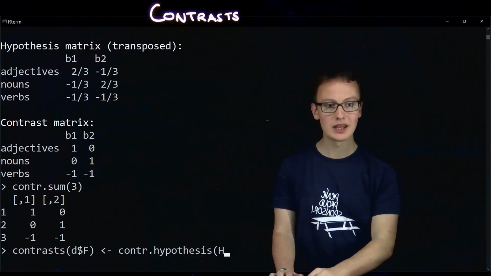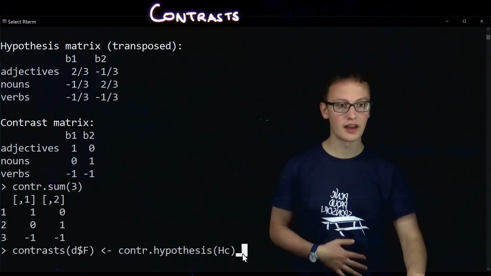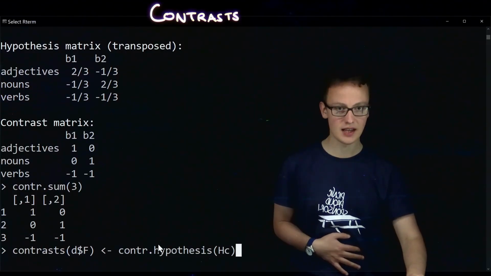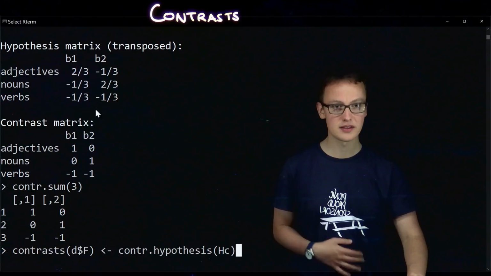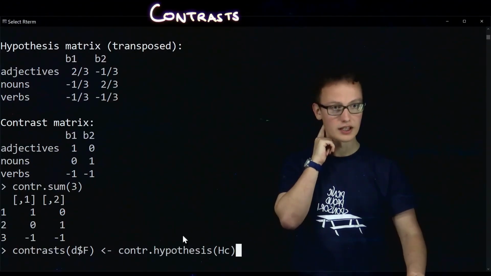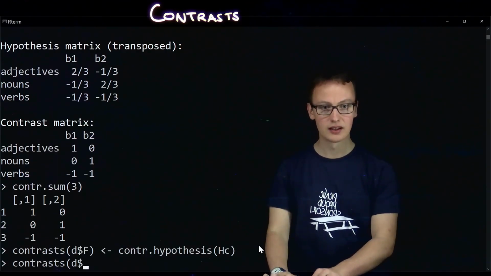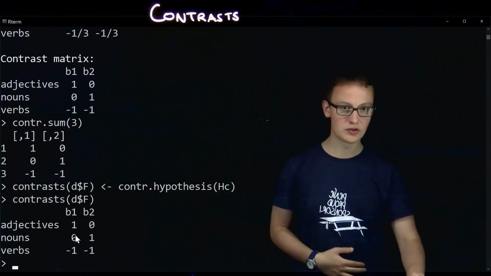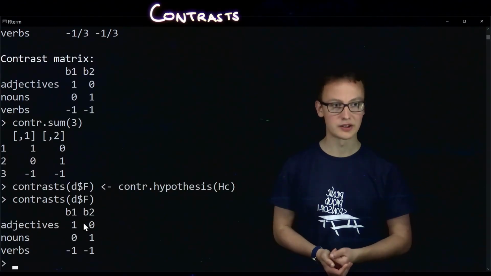And then here we can give it this object we've created with the hypr function, and this will be interpreted as: assign the contrast matrix that comes out of this automatic computation to the factor in question, in this case F. So we can do this, and then we could also verify again that this indeed now uses the contrast coding that we've derived using the hypr function.